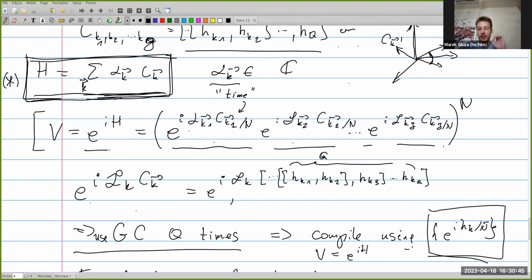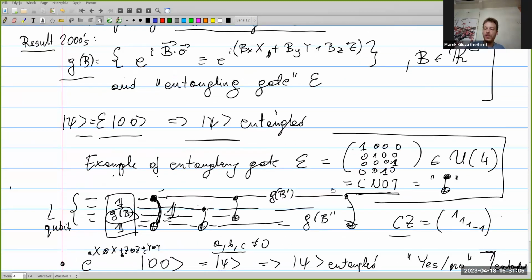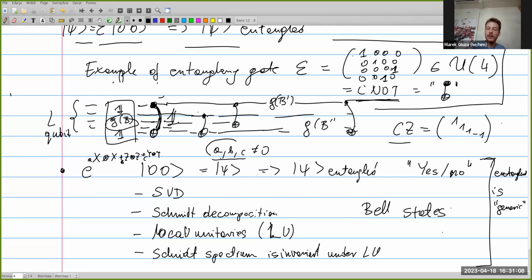The good message is that it's fairly easy to get a universal quantum computer. The terrifying message is that you need to know what you have in the lab, and it's not easy to know. Maybe I will not use CNOT or CZ, but I will find some magic angles, pi over 15, and my favorite number is 0.123 for ABC, and that's my favorite gate, and I will use this to build my universal quantum computer.